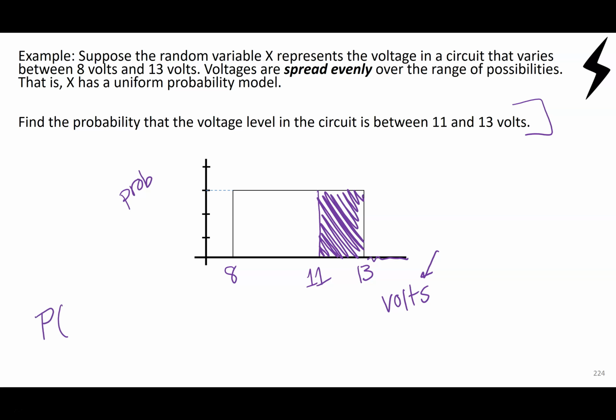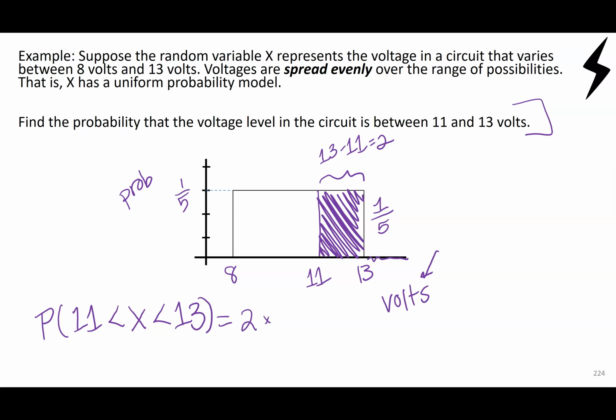So probability that x is between 11 and 13 volts is equal to, so we knew the height here is 1/5, and the width here is 13 minus 11 is just 2. So we'll have 2 times 1/5, it's just going to be 2/5, or 0.40. So a voltage level is above 11, but still under 13 about 40% of the time in this circuit.